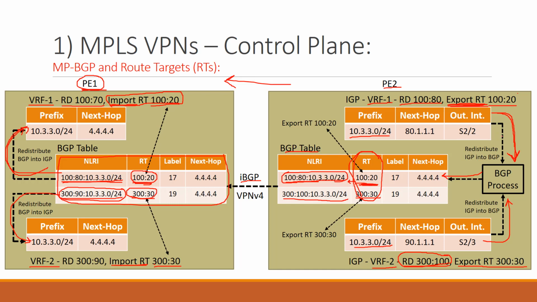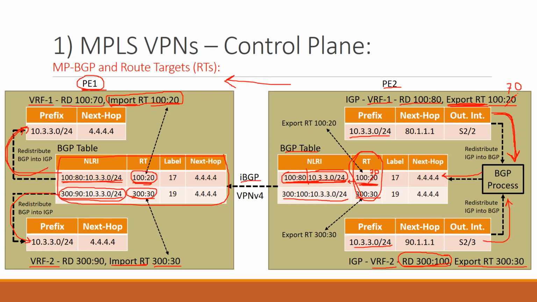If, for example, we set this route target to 170, so when we redistribute from IGP to BGP, the learned route will be like this, route distinguisher and the prefix, but the route target will be 170.